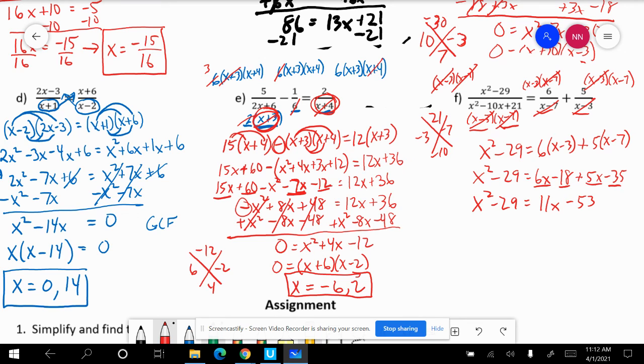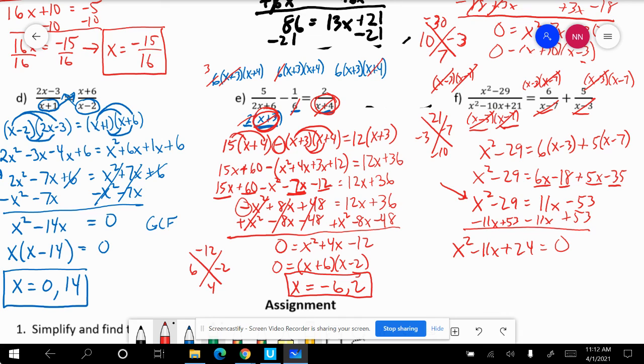What I want to do is get all the terms on one side because this is a quadratic. I have an x squared. So I'm going to add the 53 and subtract the 11x. That gives me x squared minus 11x plus 24.